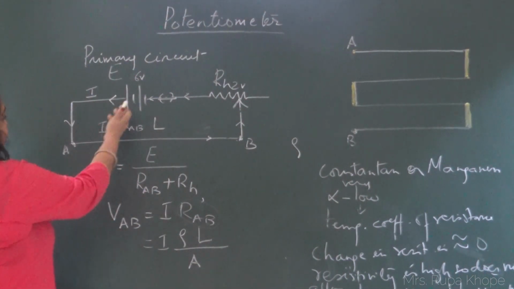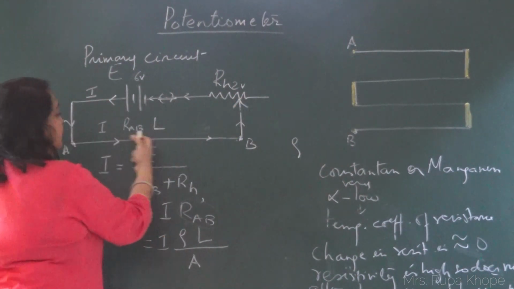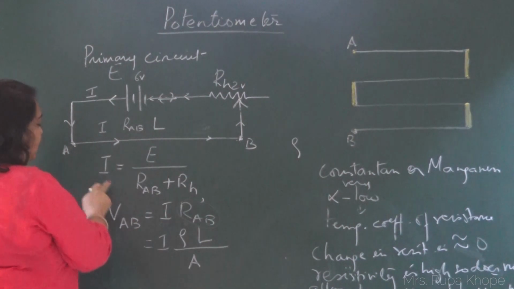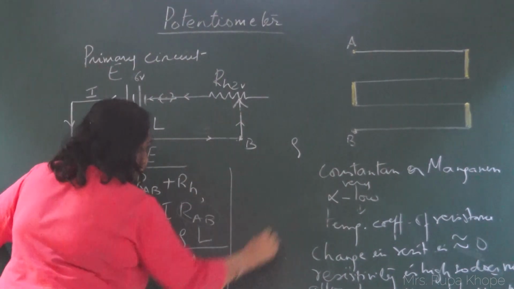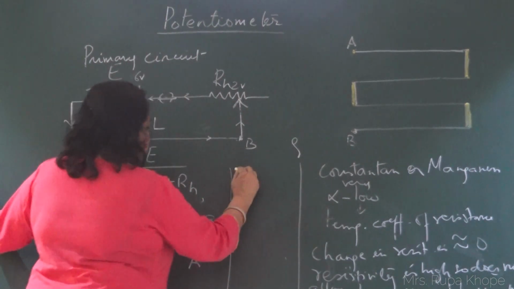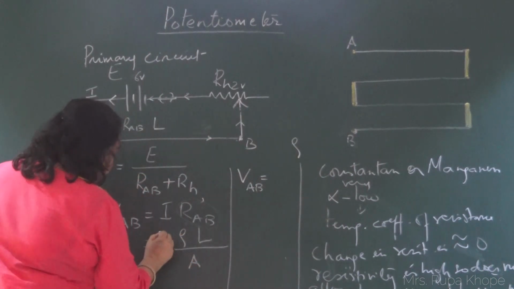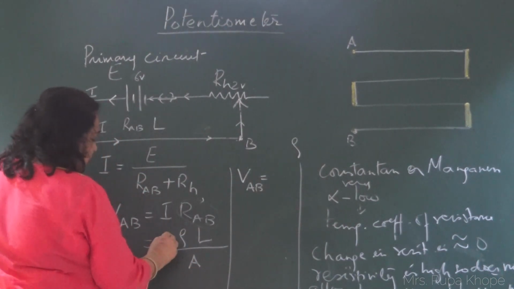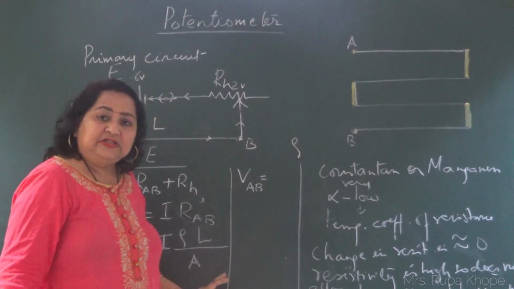Now here the current, at one particular position of the rheostat, we say there is a constant current I flowing through this wire. Now we can write VAB is equal to, now current is a constant. So current is constant, rho is a constant, and area of cross section is a constant.